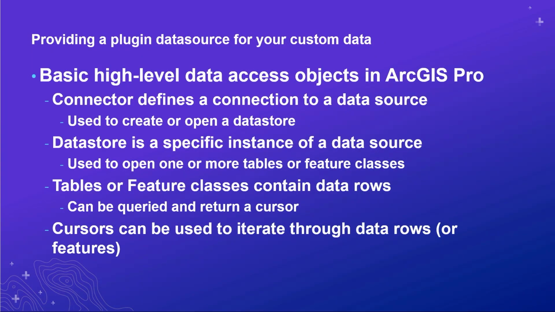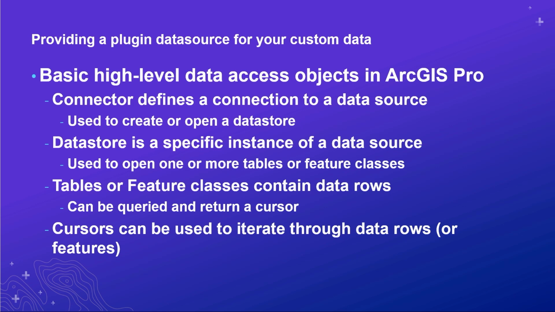So here we have a high-level access objects overview in ArcGIS Pro. We start at the very top with a connector. A connector defines a connection to a data source. And a connector is used to create or open a data store. A data store is a specific instance of a data source, and a data store is used to open one or more tables or feature classes.